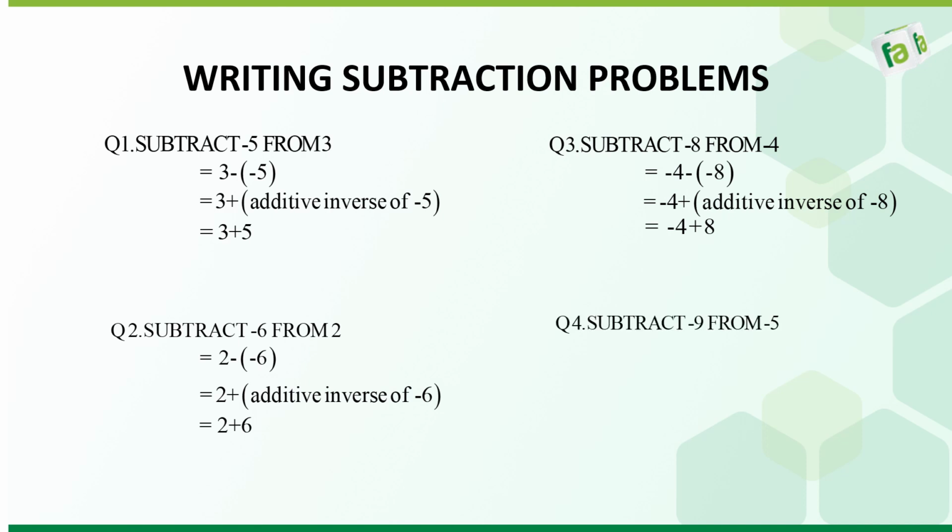Now subtract minus 9 from minus 5. We can write it as minus 5 minus minus 9. Then minus 5 plus additive inverse of minus 9, which is equal to minus 5 plus 9.